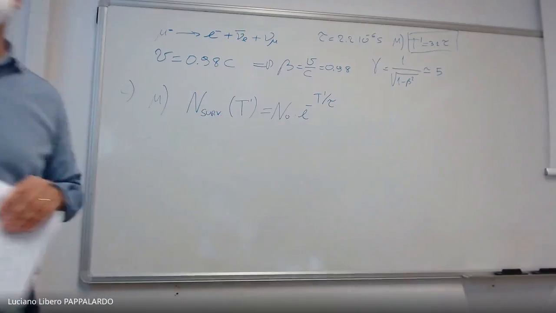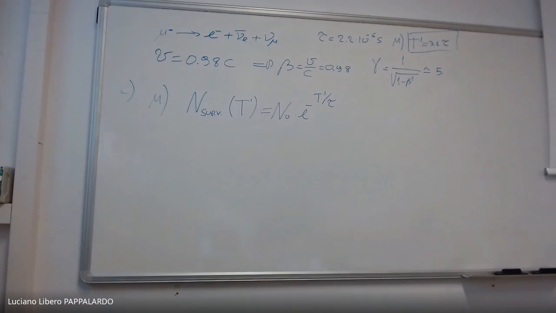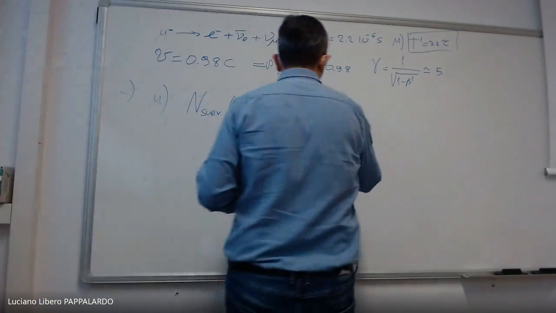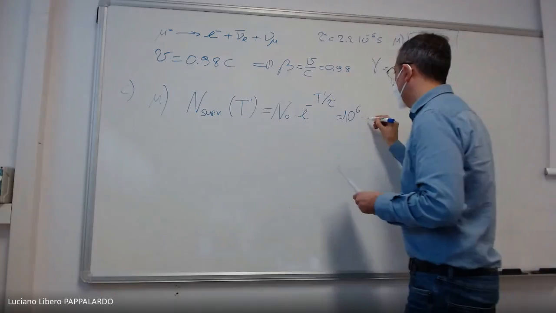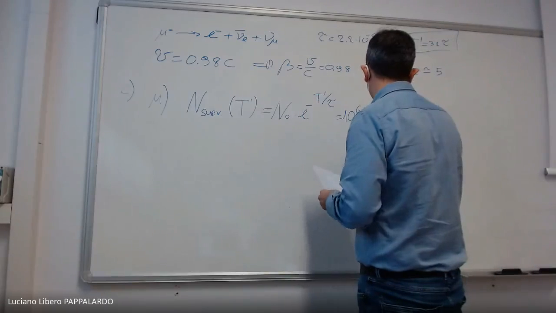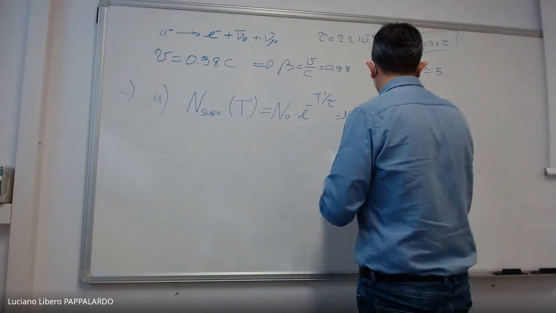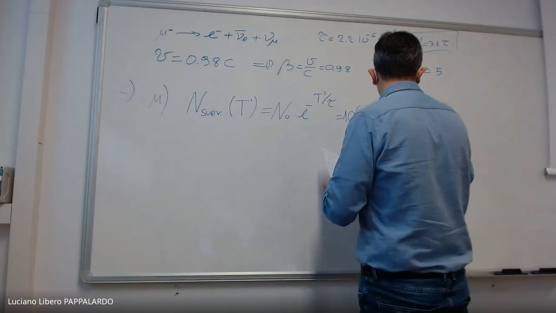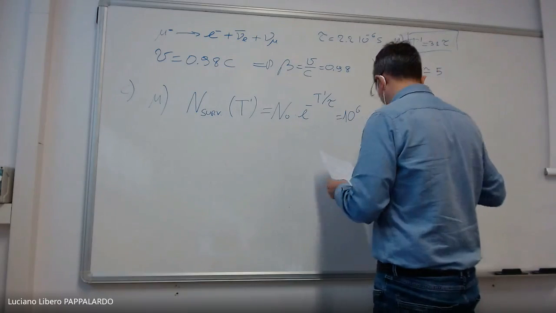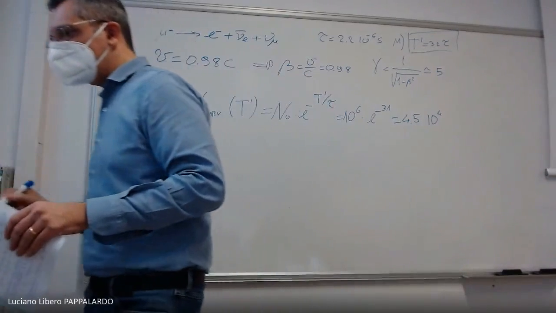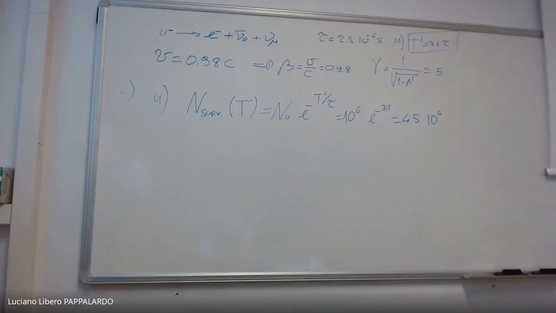This is the standard exponential decay law. So we can calculate this easily. We have 10 to the 6, as we know from the text, times e to the minus 3.1. And this turns out to be 4.5 times 10 to the 4. So this is the number of muons that survived, that arrived on the Earth before decaying, essentially.